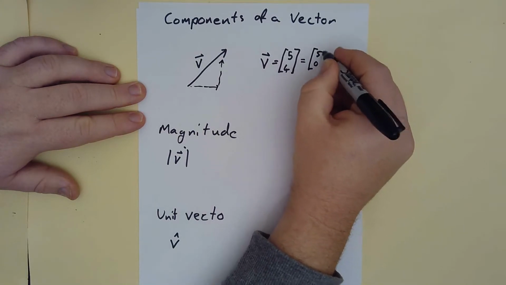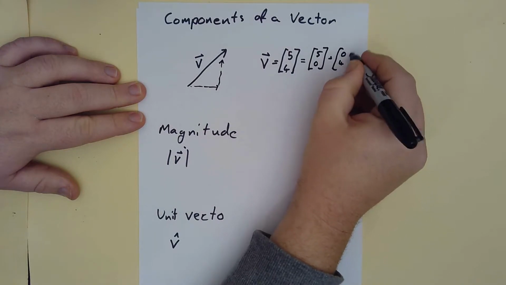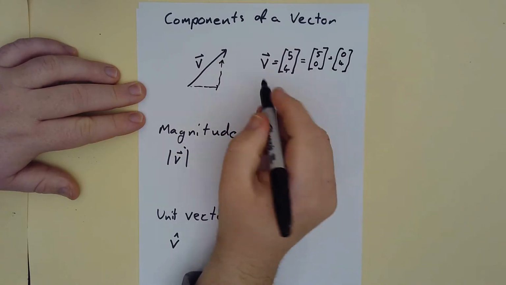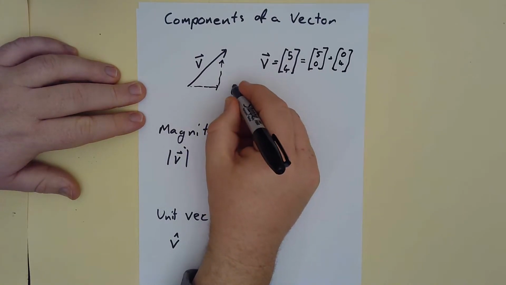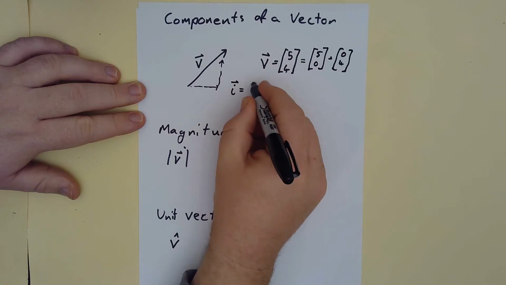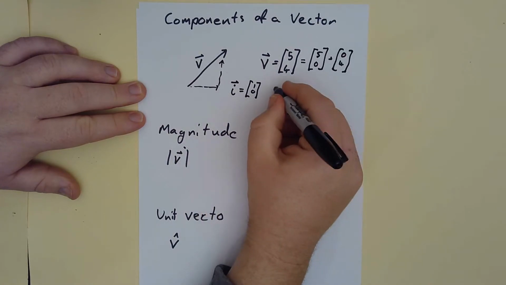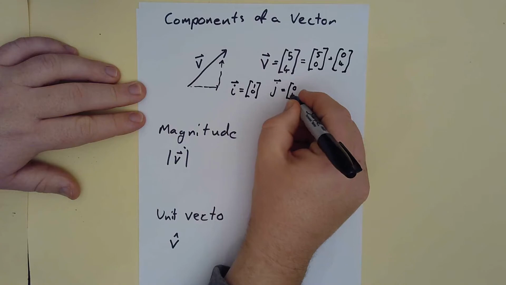And I would say that that was 5 in the x direction for the first one, plus 4 in the y direction for the second one. But what we tend to do is we've got a standard vector called i, which is 1 in the x direction, and a standard vector j, which is 1 in the y direction.